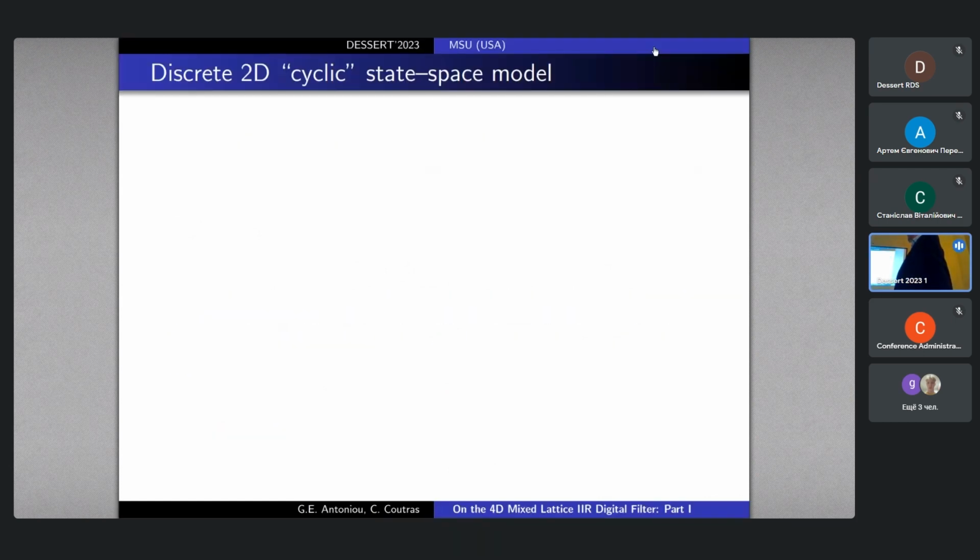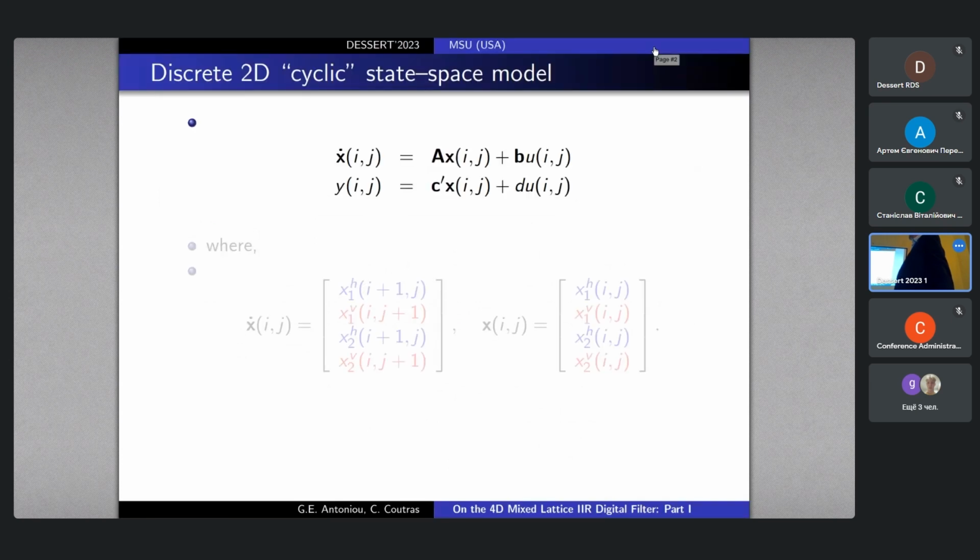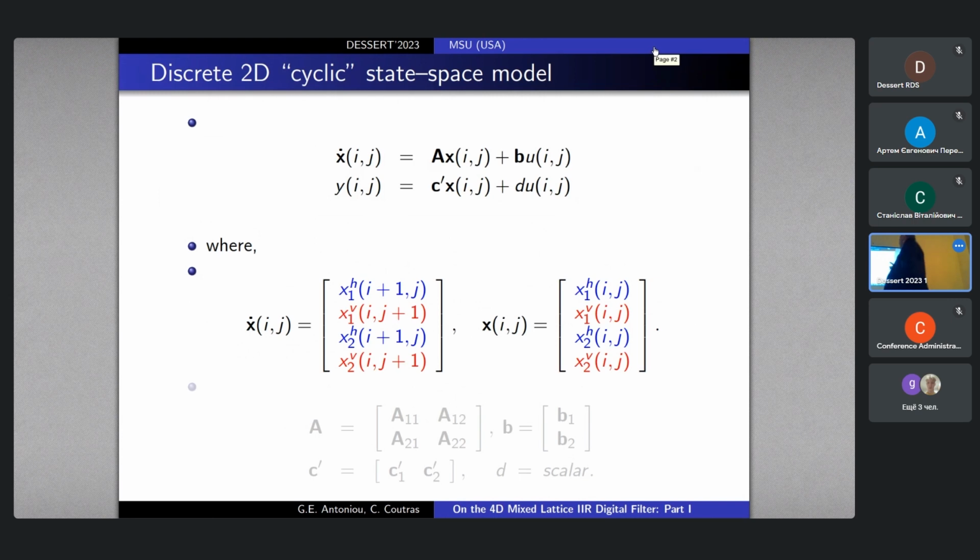Okay, my model is a little bit different. The same idea as the Roesser, but the variables are x1h, x1v, x2h, x2v. So therefore, it is something that interchanges. And why this? Because it allows me to generalize my result.